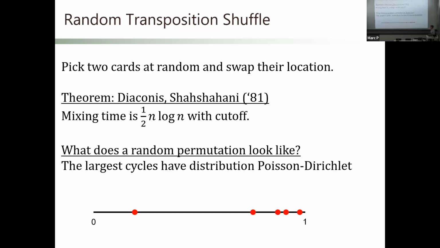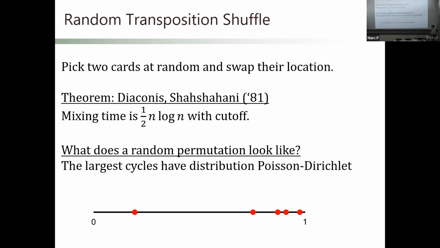And if you take a uniformly random permutation and divide the size of the cycles by n, then asymptotically their distribution will be like the sizes of these pieces in the Poisson-Dirichlet distribution. Okay. So by time a half n log n, this is what the cycles will look like.